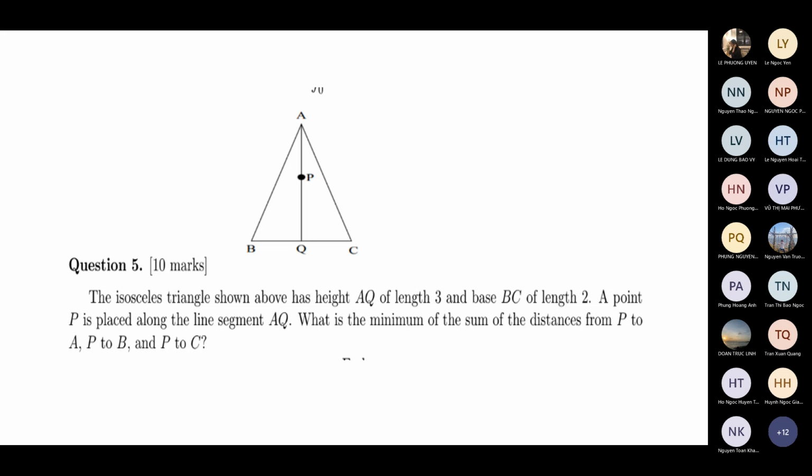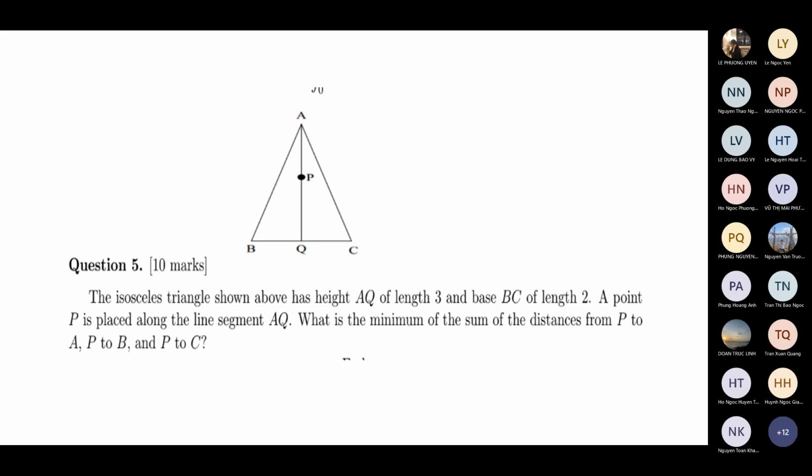So what is PB? Clearly, you see PB equals PC, right? Because here you have an isosceles triangle. P lies on the straight line AQ, and Q is the midpoint of BC.